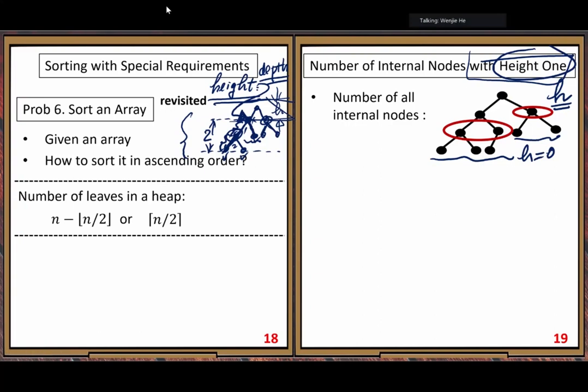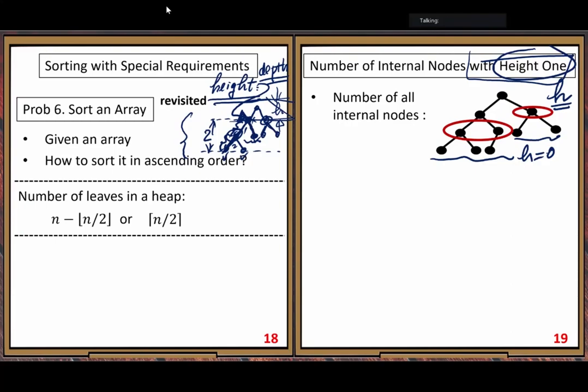All the internal nodes have height greater than 0. So now we want to count the number of all internal nodes.